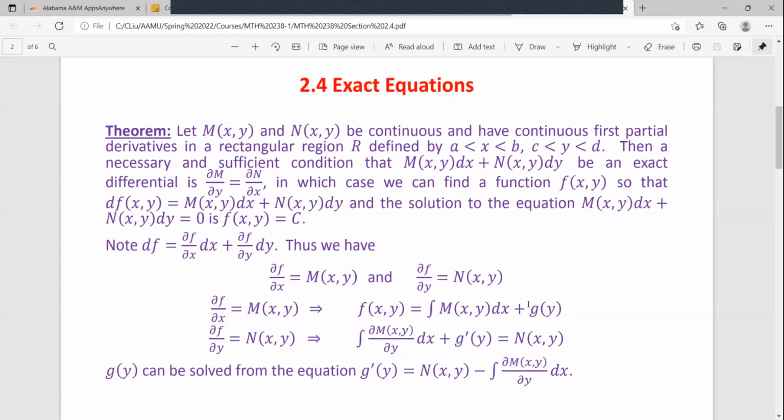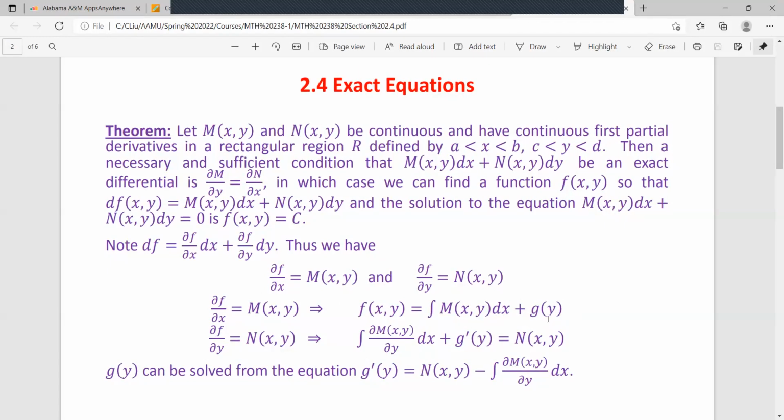But that constant could depend on y, so it might be a function of y. It's just independent of x. So we get f equals the integral of m dx plus some function g of y.